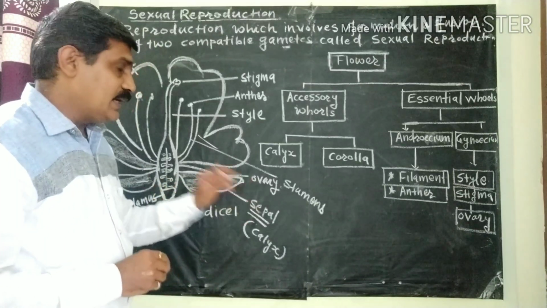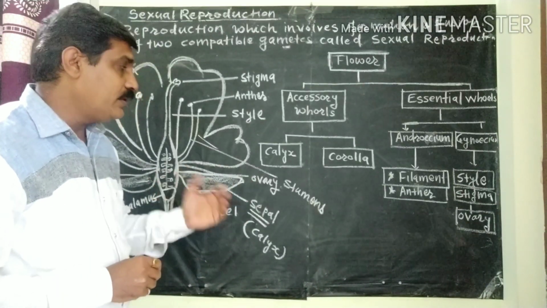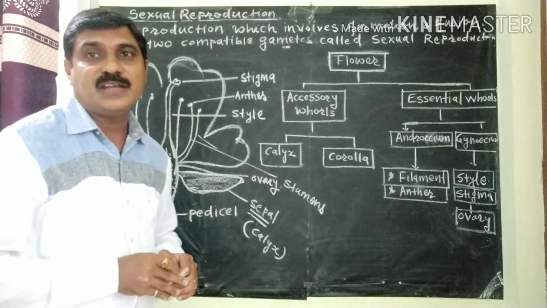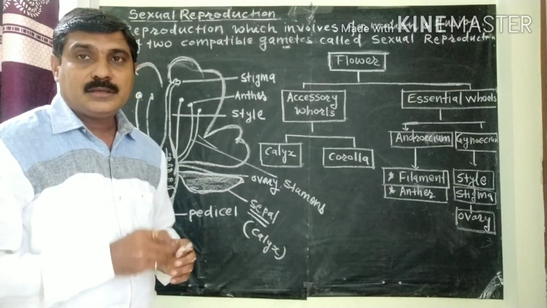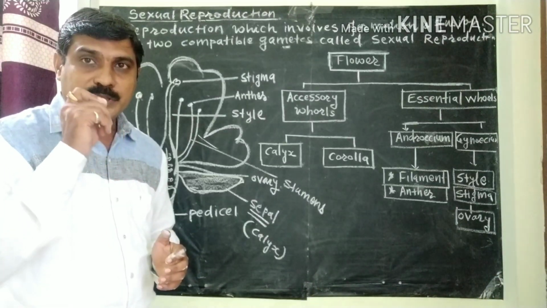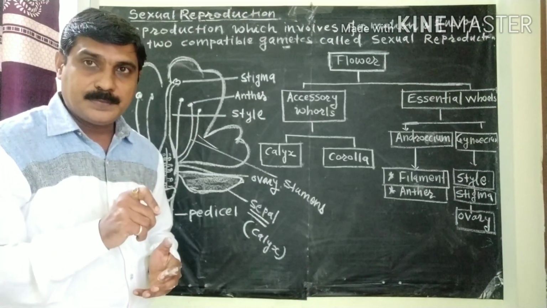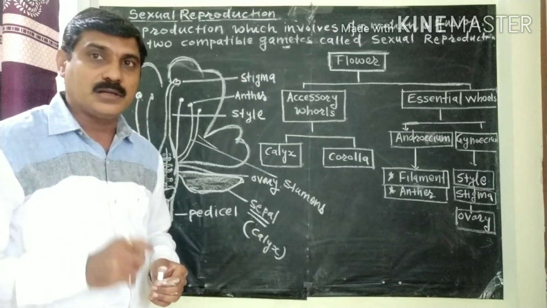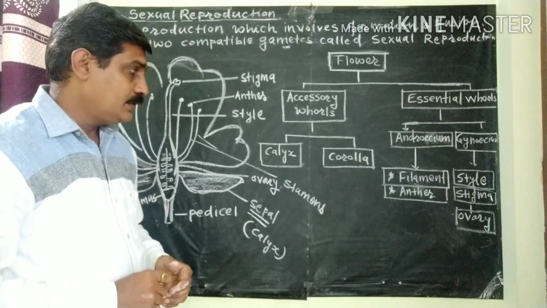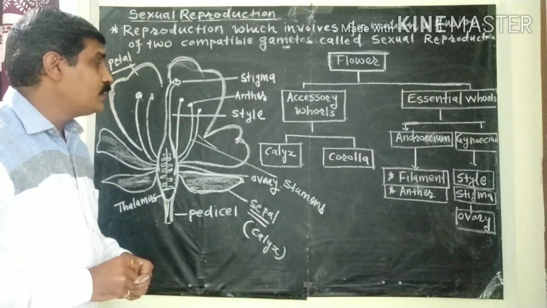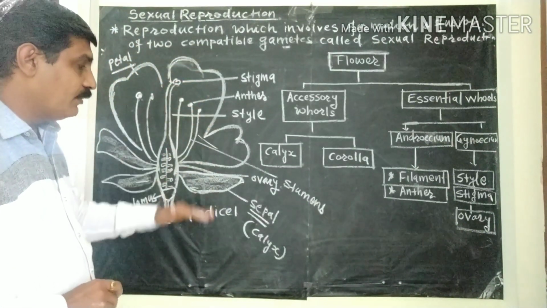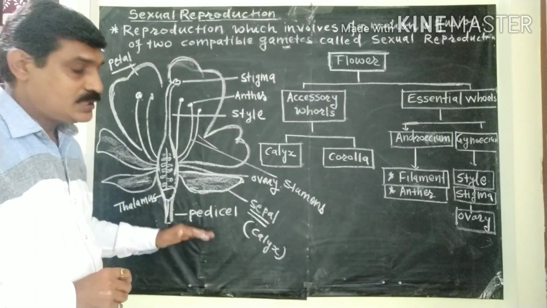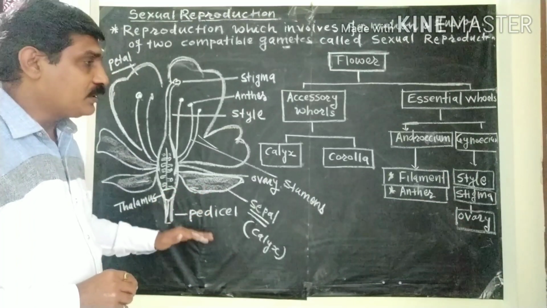On the contrary, if the petals are fused in some flower, the condition is called gamopetalous. If the petals are free in the flower, the condition is called polypetalous. So this is all about the structure of a typical flower, which is responsible for sexual reproduction in angiospermic plants.